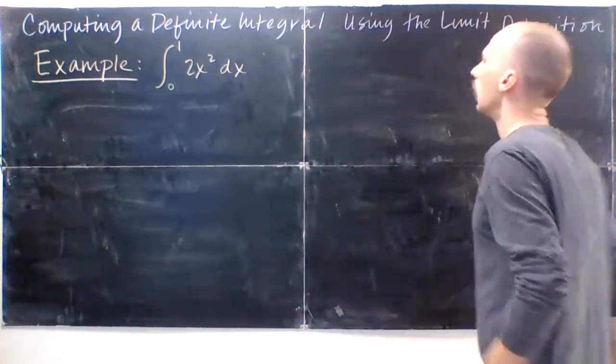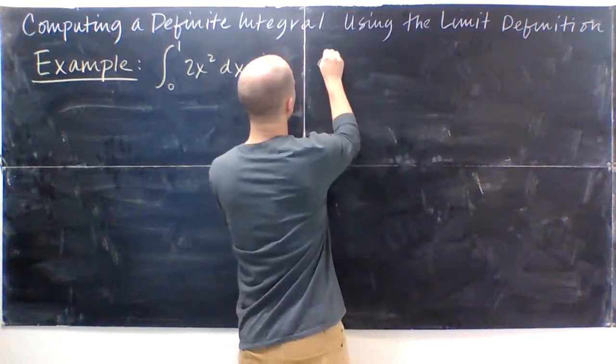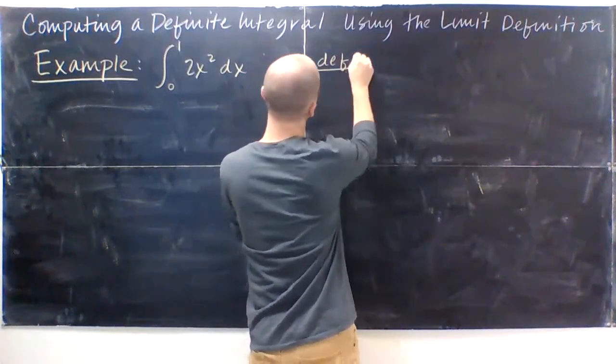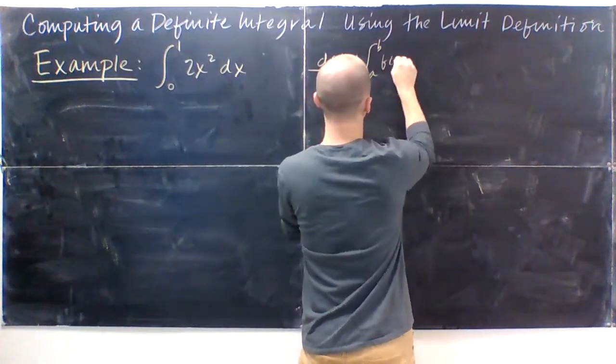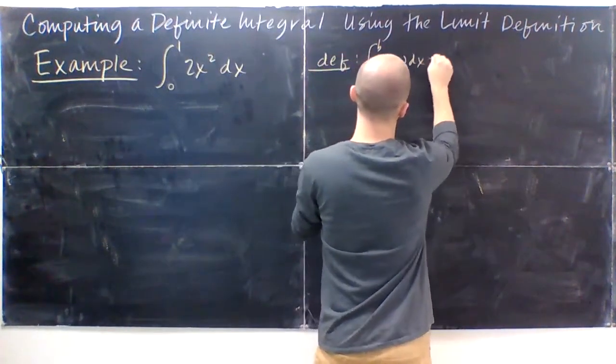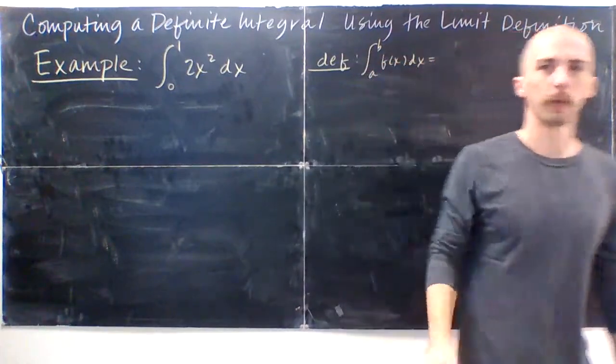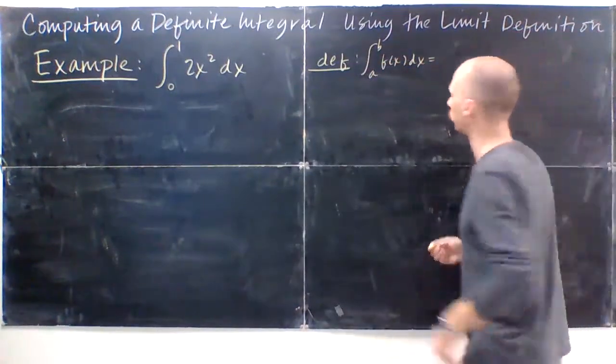Okay, so I'm just going to remind you that the definition of the integral from a to b of f of x dx is the limit of the Riemann sum as the norm of the partition goes to 0.